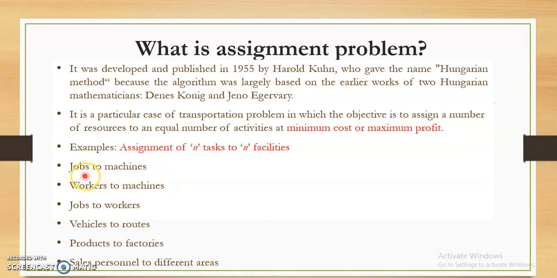We may have to assign certain jobs to machines, workers to machines, jobs to workers, vehicles to different routes based on their mileage, distance or time required, products to factories, and sales personnel to different sales areas. So these are the examples where an assignment problem arises.